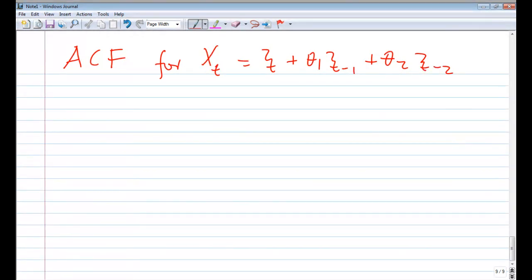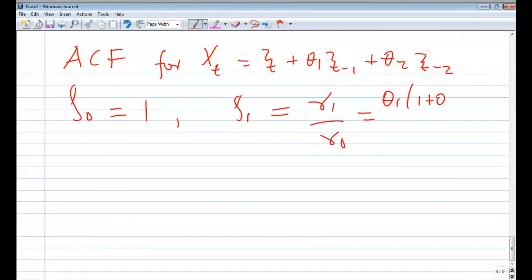If you still recall, I said the autocorrelation function at lag 0, in other words, rho 0, is always equal to 1. So you don't have to calculate that one. From the property, rho 0 is always equal to 1. So what about rho 1? Rho 1 is equal to gamma 1 over gamma 0. And gamma 1 is equal to theta 1 (1 plus theta 2) sigma squared z.